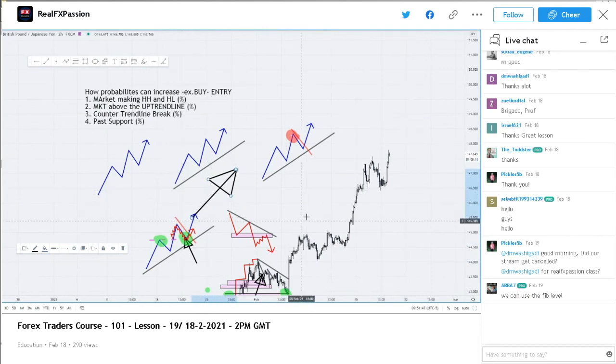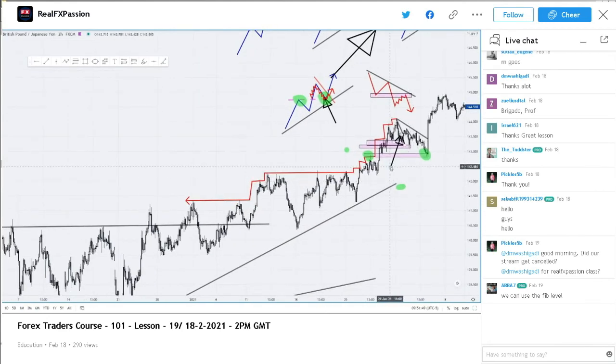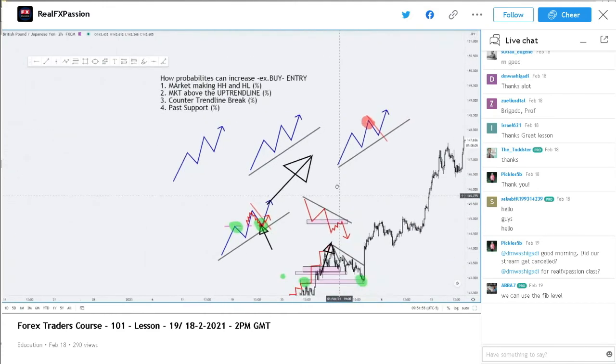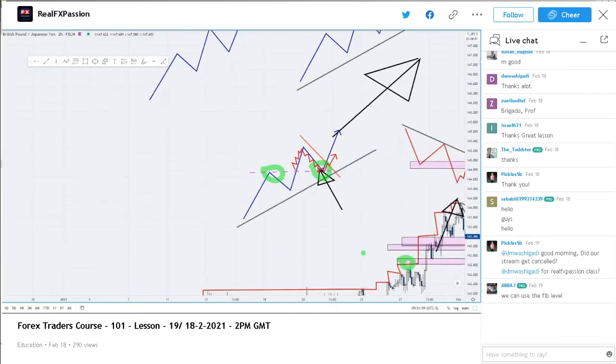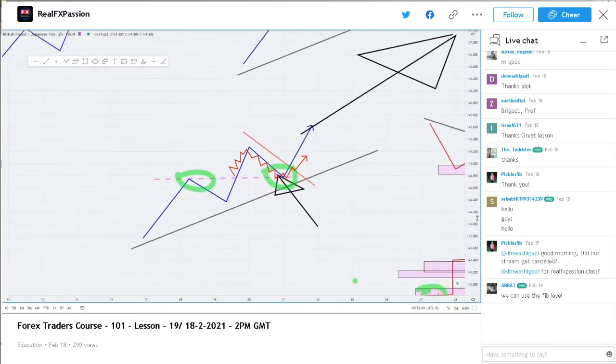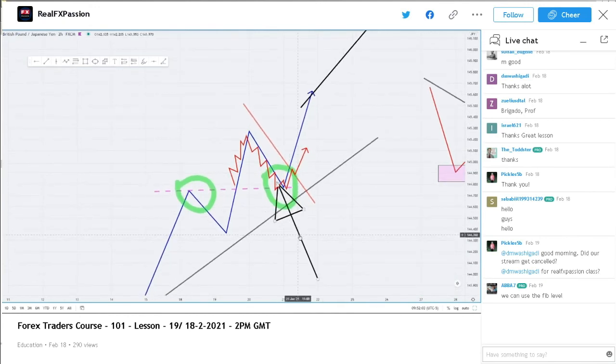Make sense? Everybody, what is maybe confusing to the beginner trader is that sometimes the market is not going to show this to us, right? Okay, there is going to be an entry, but this entry is not going to be near past support.